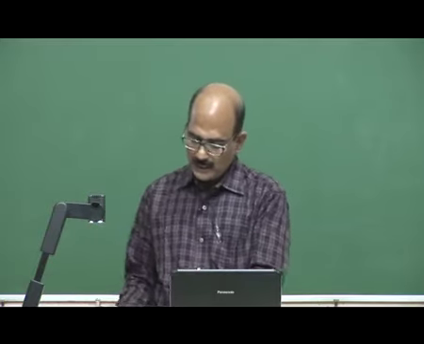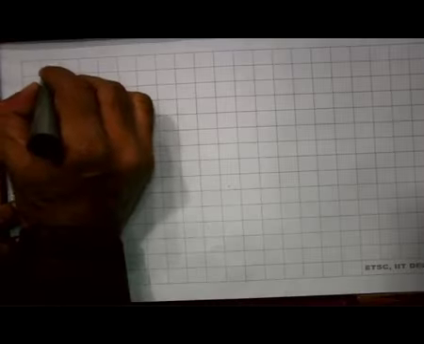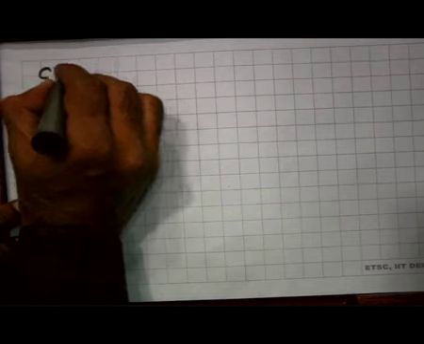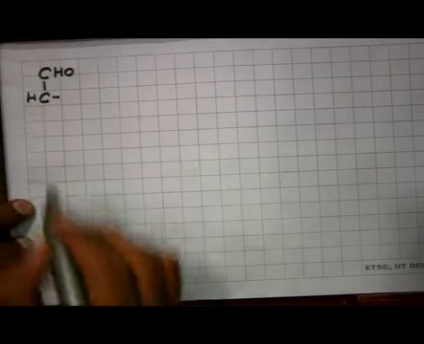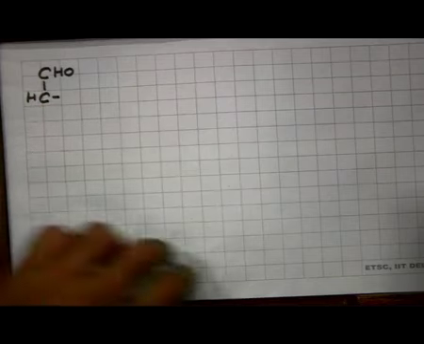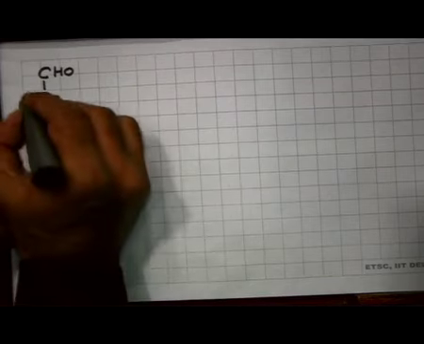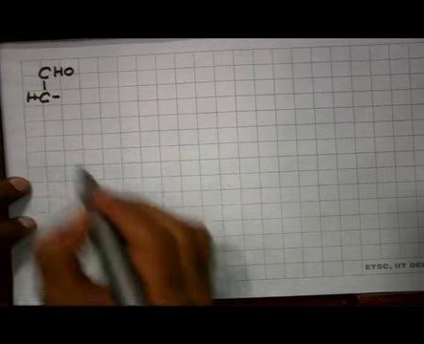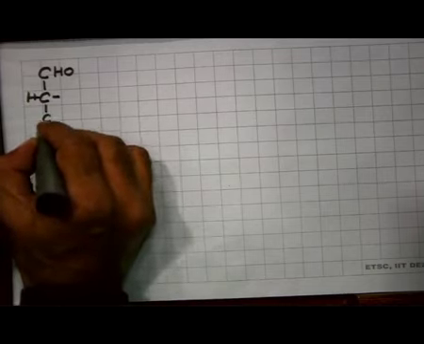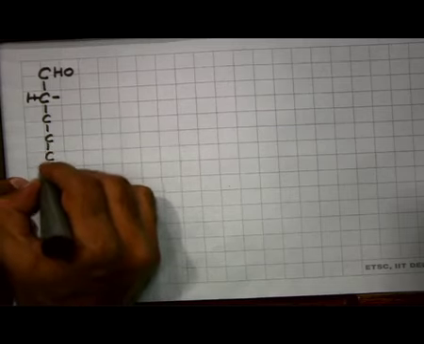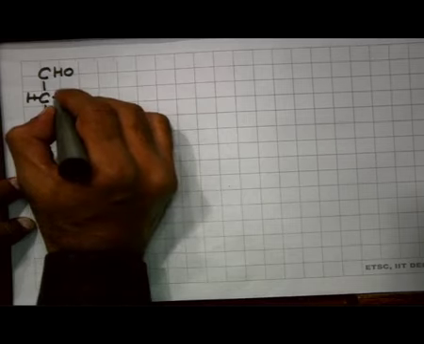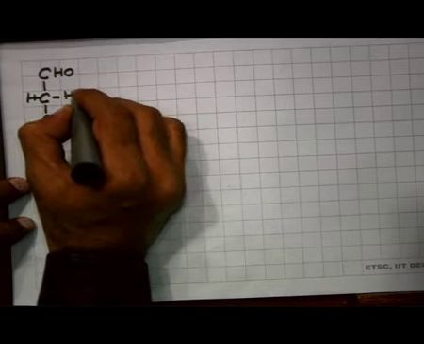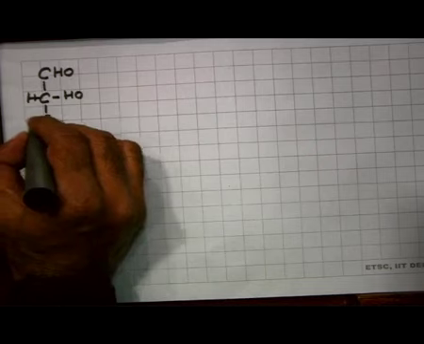So, we know that the glucose molecule is an aldehydic molecule made of 6 carbons. So, from the examination point of view, it is easy to write 6 carbons first, 1, 2, 3, 4, 5, 6, and here the arrangement of H and OH.